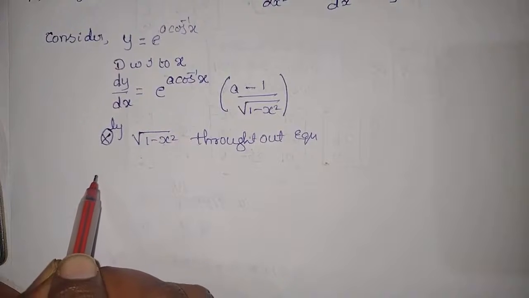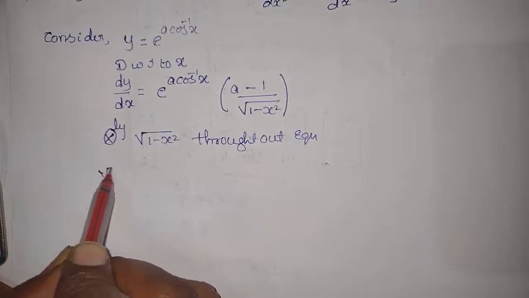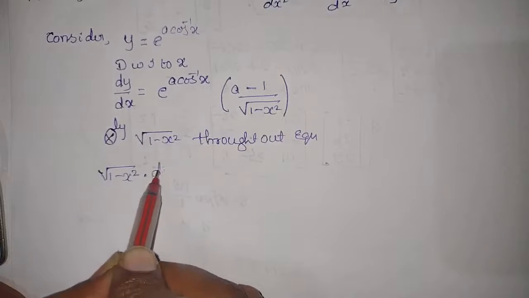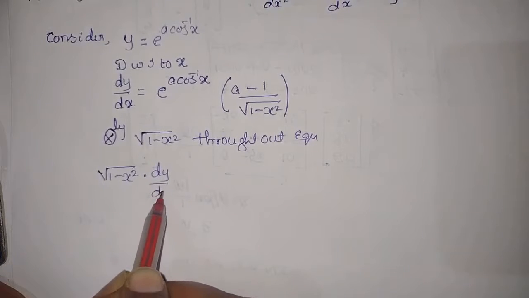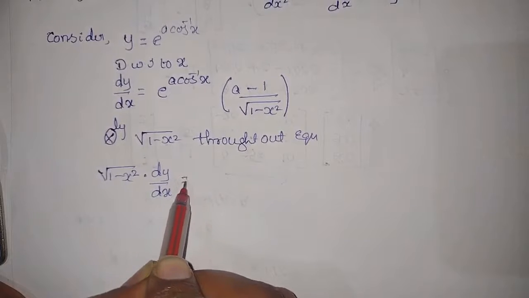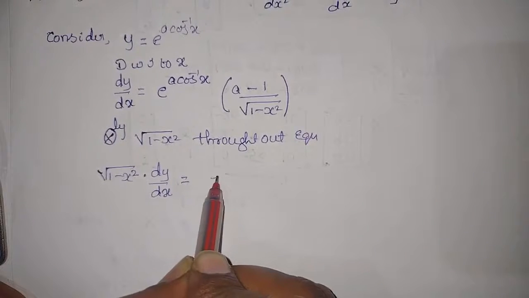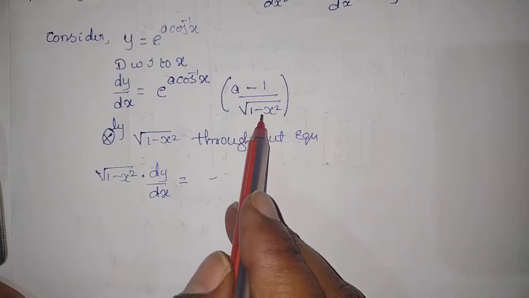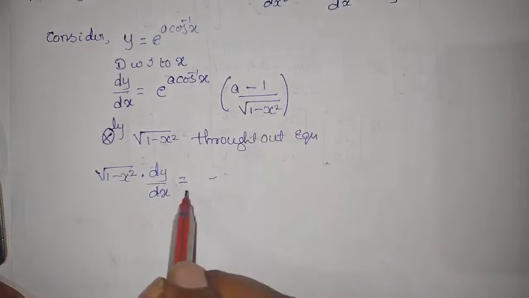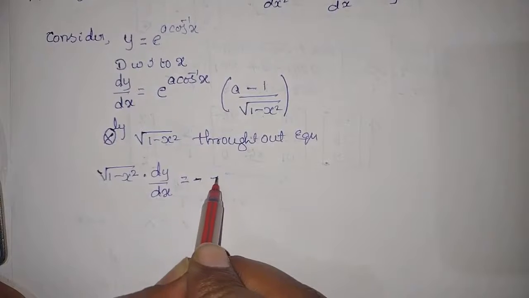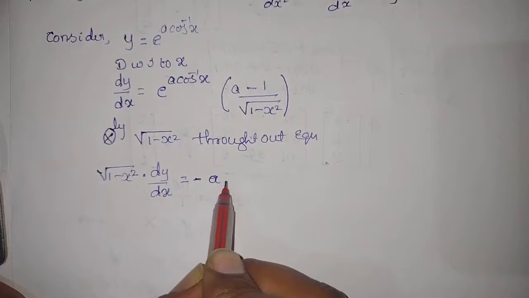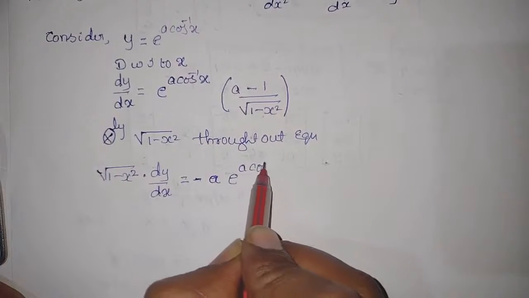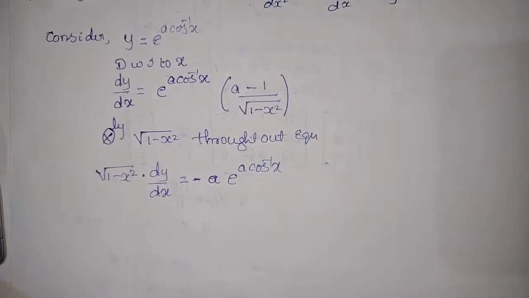So here root of 1 minus x square, the left hand side, into dy by dx, is equal to, since numerator and denominator cancel, we get minus a e power a cos inverse of x.